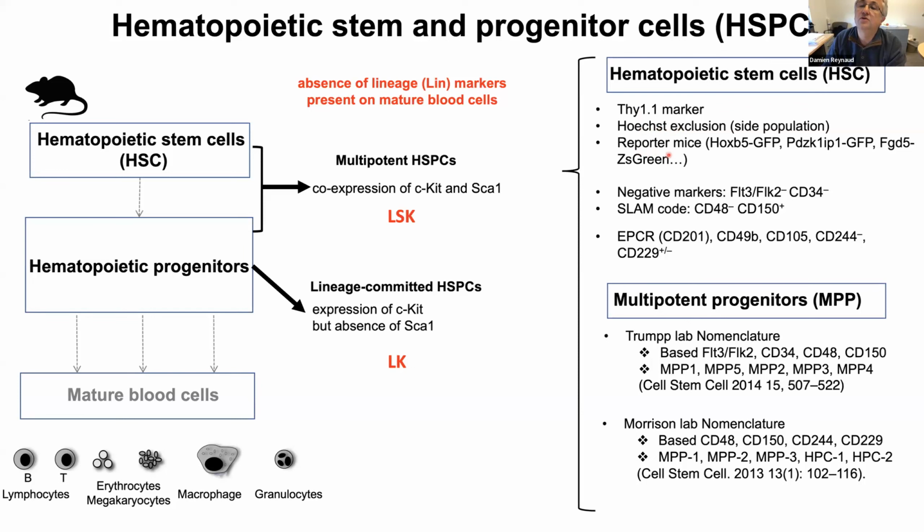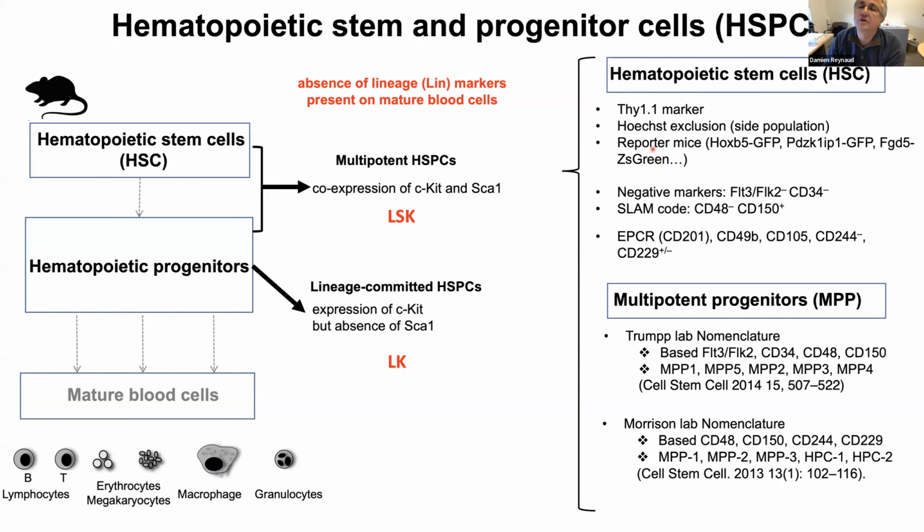The other way to isolate stem cells in this LSK compartment is to use reporter mice, associated with the expression of genes which are specifically expressed in stem cells. You have a series of mice which have been developed over the years, reporter mice for OXB5, PDZK1, IP1, and FGD5.